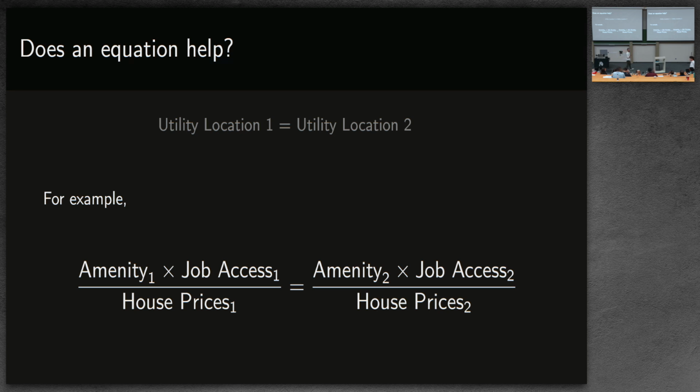And why did house prices go up in that example? In this example, because job access increased. But in our first example, the beachside example, what was it that drove house prices up? Amenities. But what change actually moved house prices? People, exactly. In that model, we had a beachside community with higher amenity than some inland place.